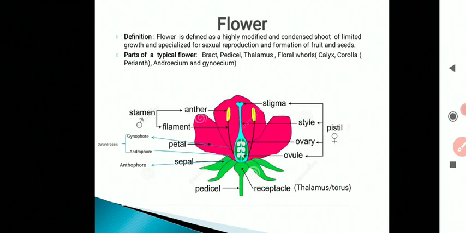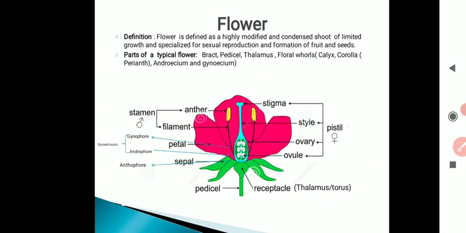Now, androecium and gynoecium are the inner and necessary or essential whorls of the flower. Androecium is responsible for formation of microspore, that is male gametes, which will fertilize the ovule from the gynoecium.